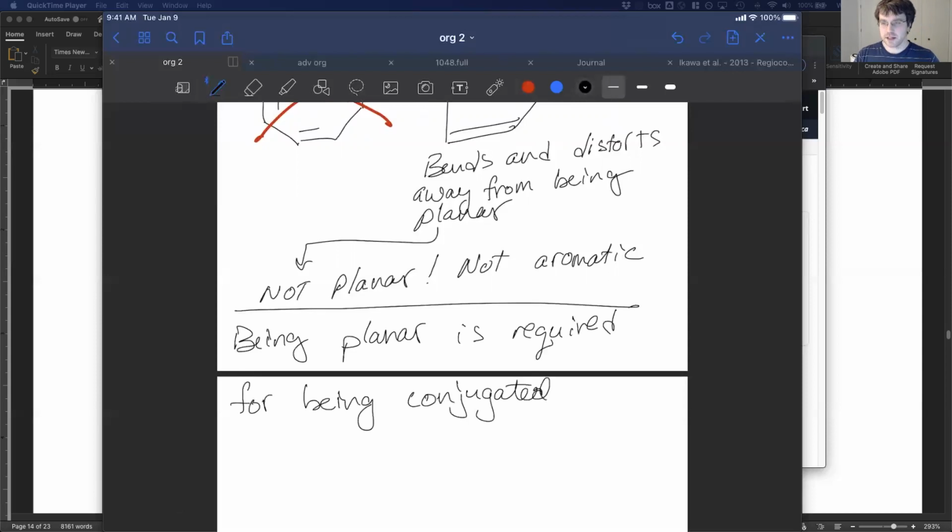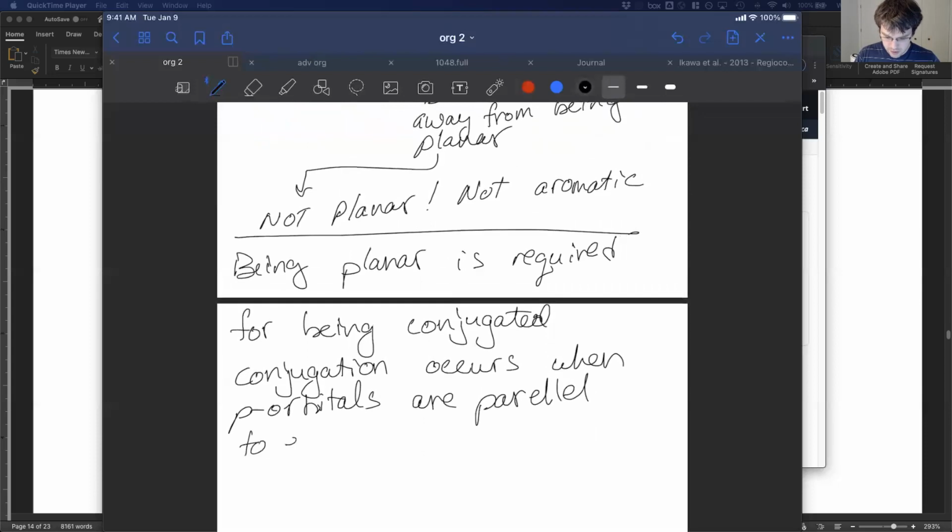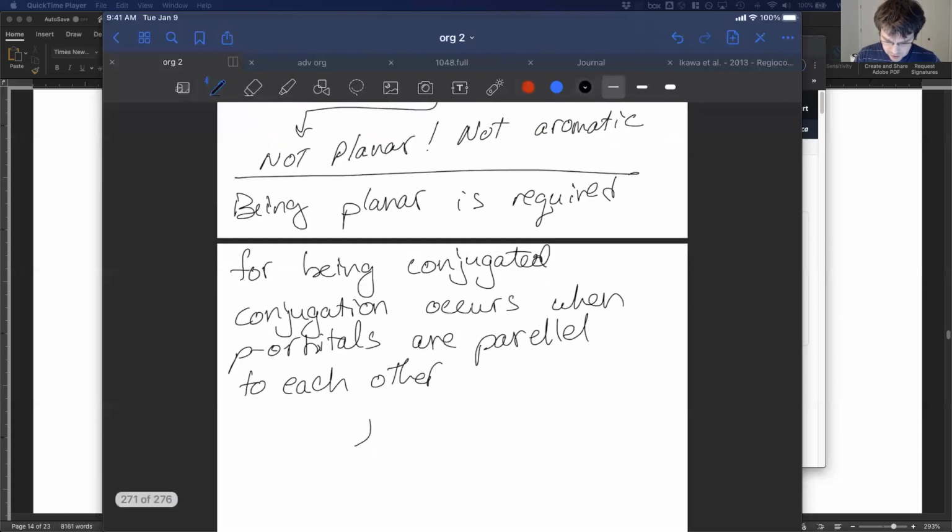Now, to understand that, we need to look at how conjugation works. Conjugation occurs when p orbitals are parallel to each other. So what's required for conjugation is for p orbitals to be parallel to each other.